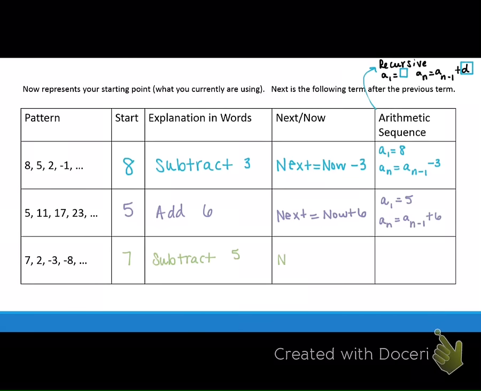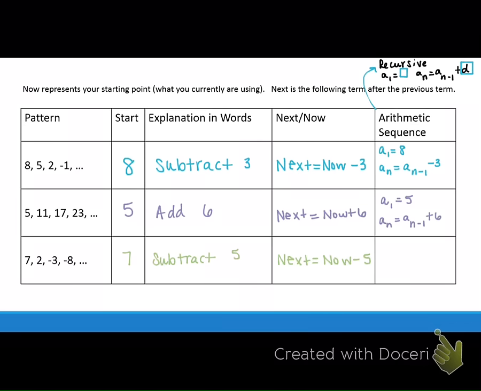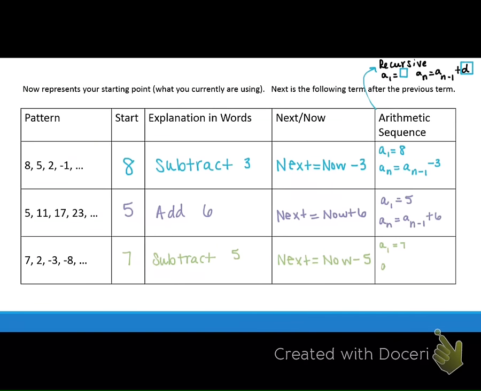Next equals now minus 5. Spencer, the recursive formula. A sub 1 equals 7, good, and a sub n equals a sub n minus 1 minus 5. Good. So what questions do we have so far?